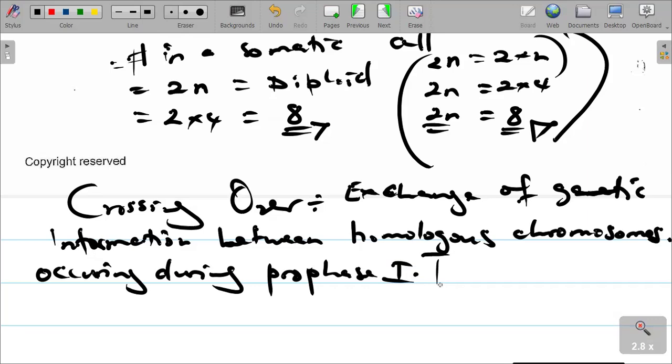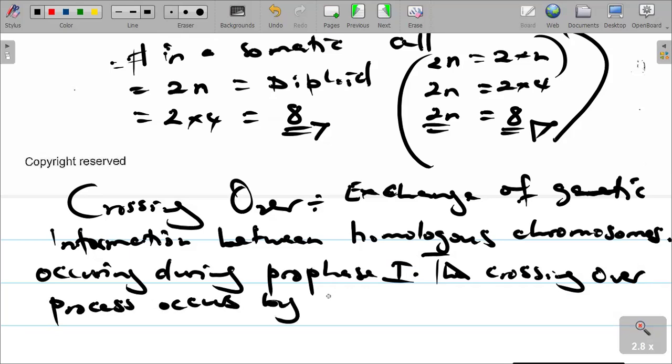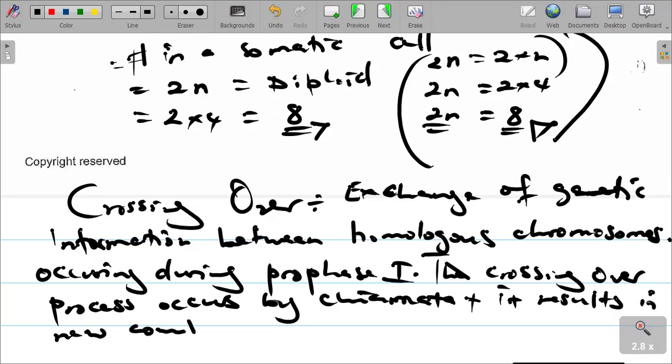The crossing over process occurs by the chiasmata, and it results in new combinations of alleles, which increases genetic variation.